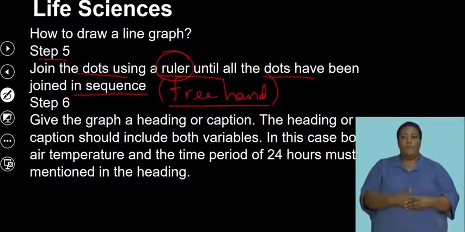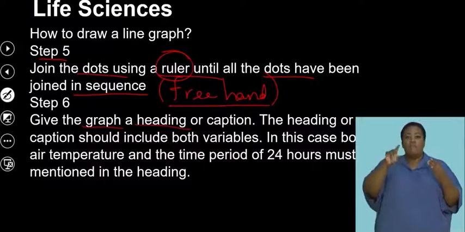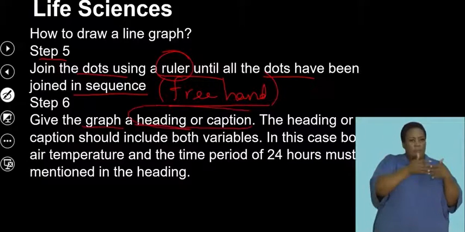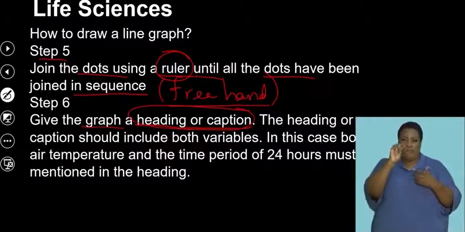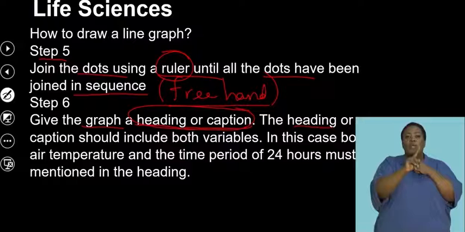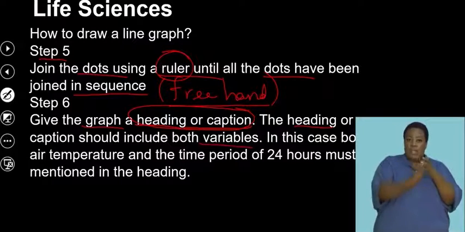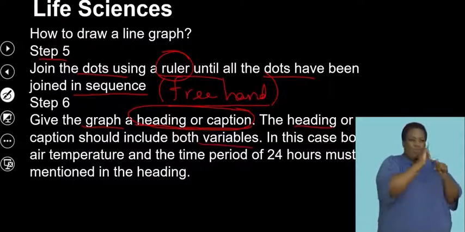The next step would be to give the graph a heading and a caption. A table or a graph without a heading means it's nameless, and you want to give that graph or table a heading. The heading has to include both the variables, meaning that it must have both the independent and the dependent variables.